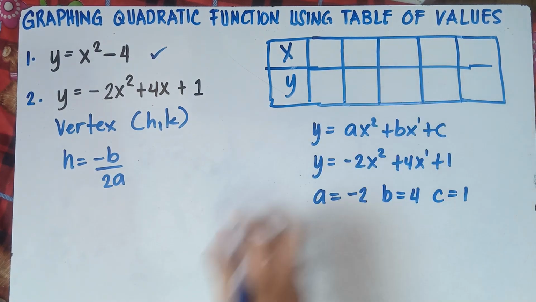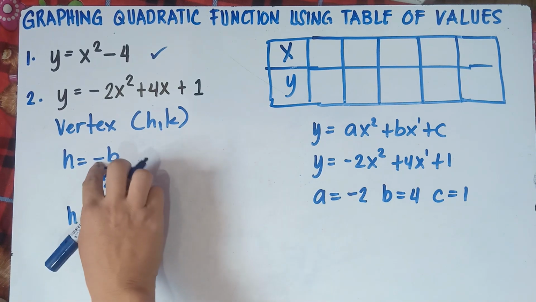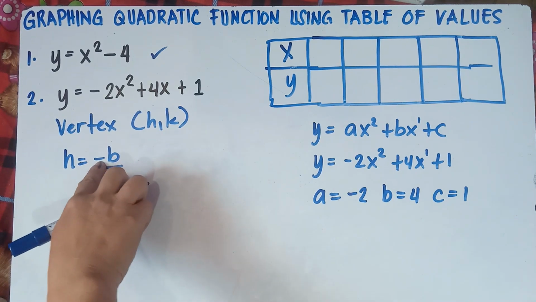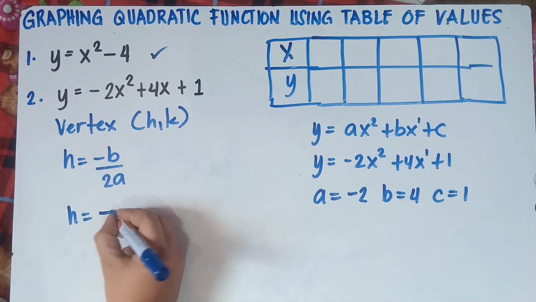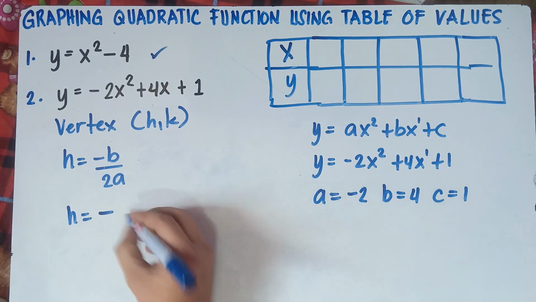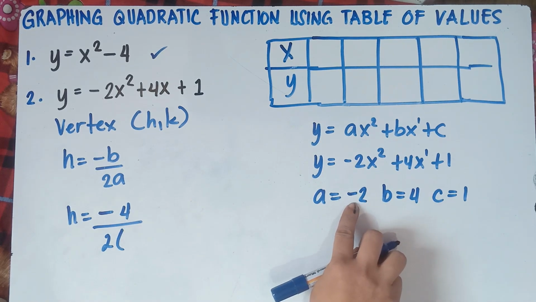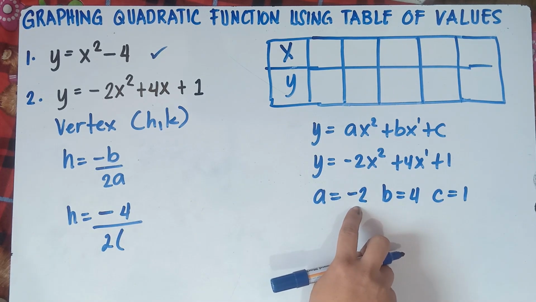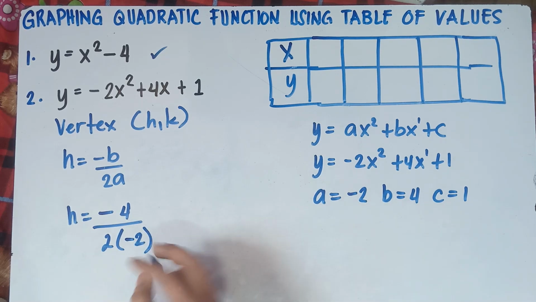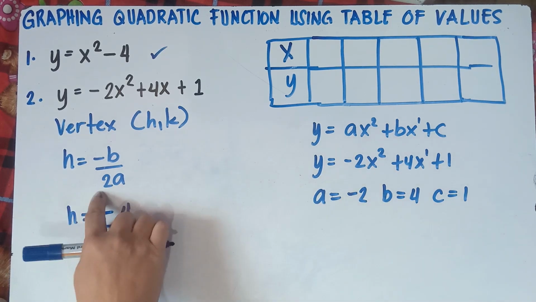So, h equals, copy the negative sign because it's already in the formula, then the value of your b, which is 4, over 2 times your a, which is negative 2. If you have 2a, it means 2 times a.